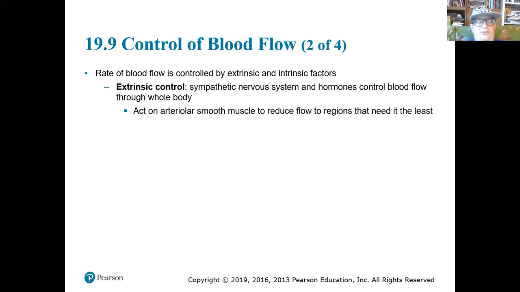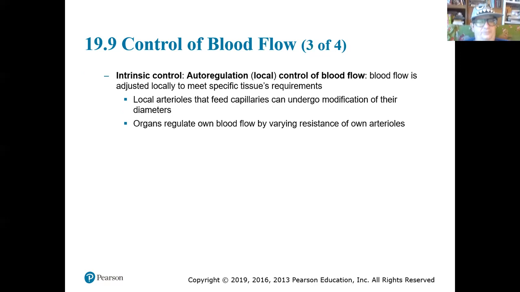Hormones, you send a signal to the whole body, and any cell that has a target can respond. It's not just one type of cell in one spot usually. Anyway, both of those, nervous system or hormones, will act on the smooth muscle in the tunica media of the arterioles, and that will cause it to either vasoconstrict or vasodilate. Moving on.